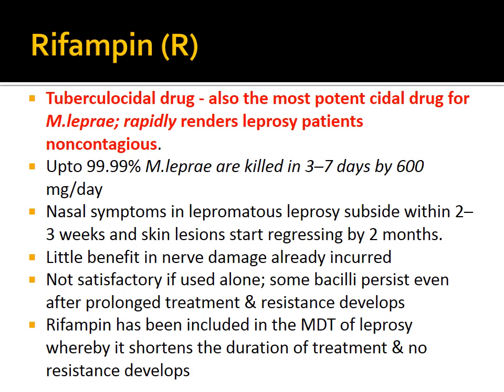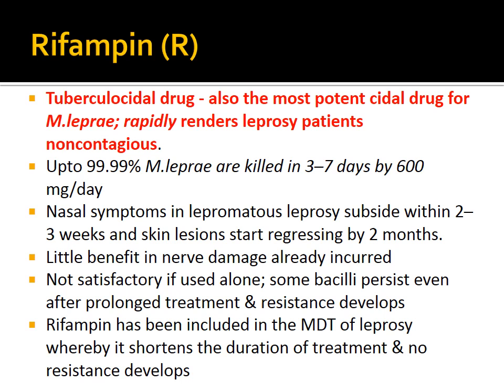If we have to reduce the transmission from one person to another, we have to reduce the bacillary load in the nasal secretions and in the skin also. That is done by rifampicin. It rapidly reduces the bacillary load in the nasal secretions and other body secretions as well as in the skin, because of which the chances of transmission to another person get reduced.